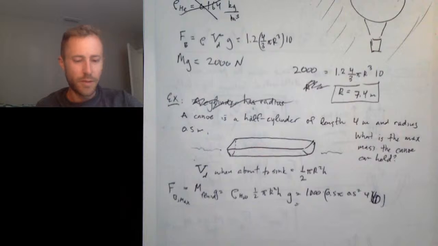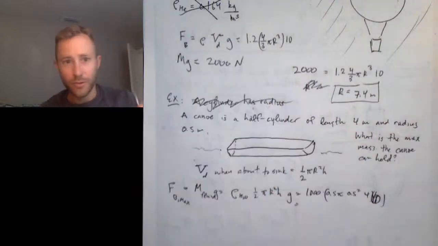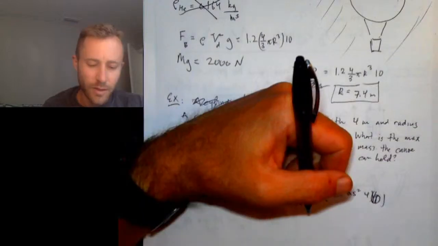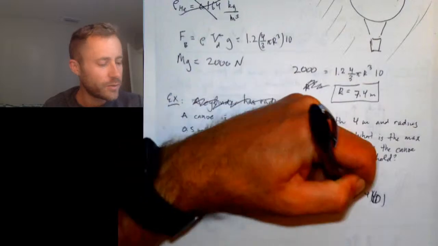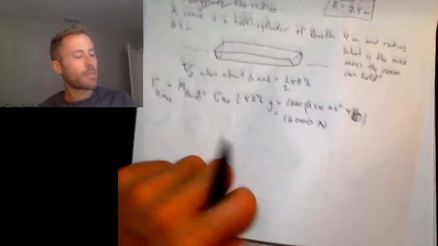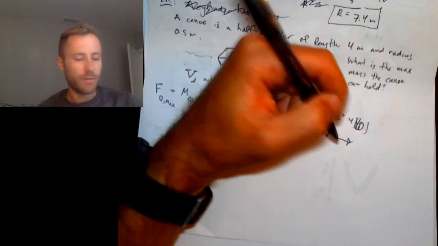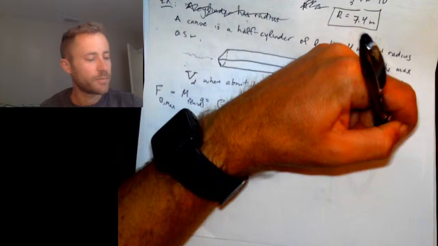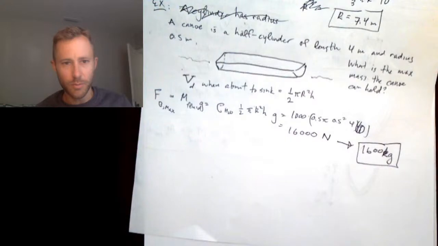So that means that the maximum downward force before the canoe will go under is about 16,000 newtons. And 16,000 newtons is roughly 1,600 kilograms.